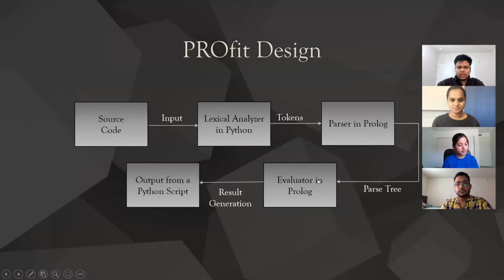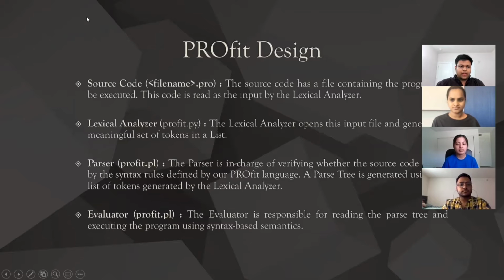This is a runtime engine which generates output using print statements and also gives us output in the form of environment and an intermediate code. All this is printed using a Python script that is running over our Prolog file. Some specifics about the design: the source code has to be named filename.pro, with that extension.